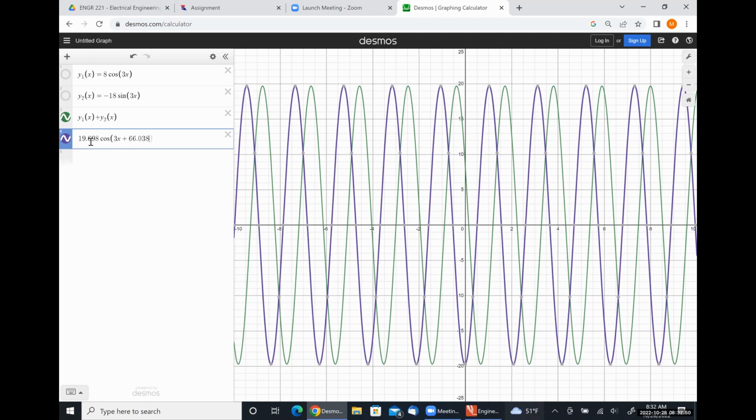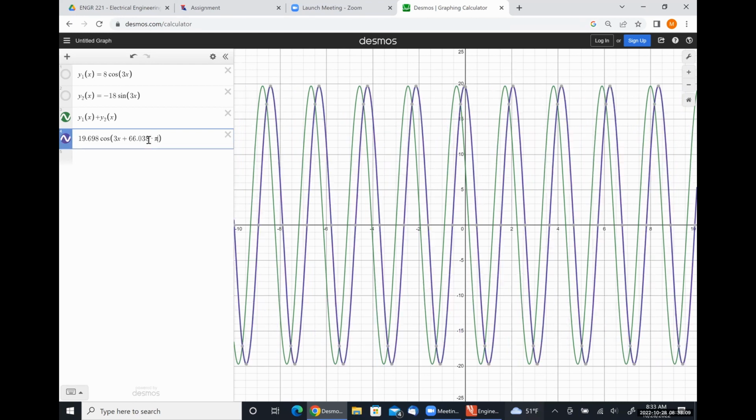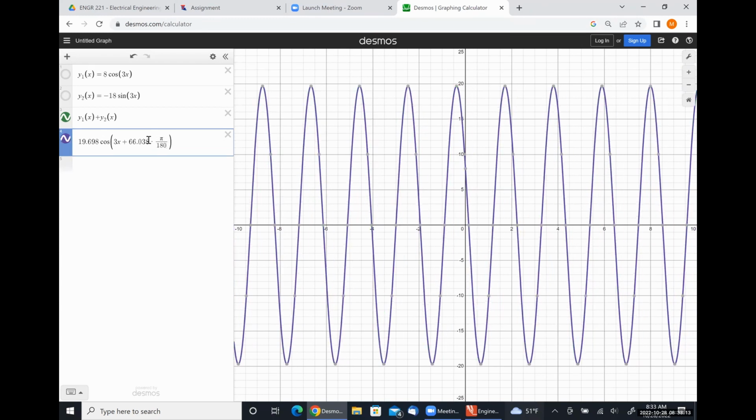And what I'm going to do now, if I close this parentheses, it does not match. The reason it doesn't match is because 66.038 is in degrees, and this is interpreting it as radians. So I'm going to convert it into radians by multiplying by pi over 180, and then, I'll be damned, they match perfectly. Okay.